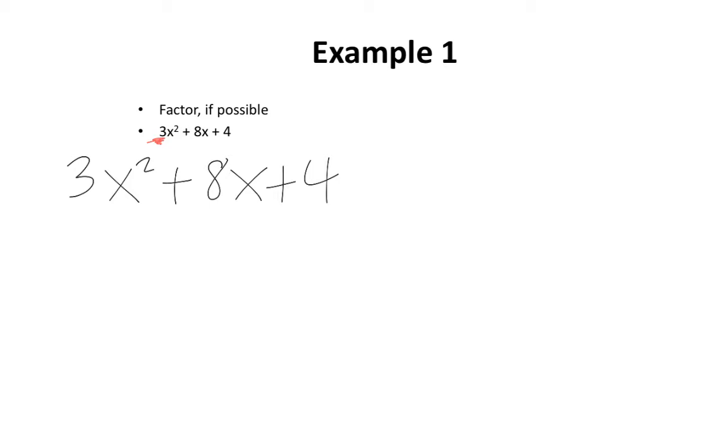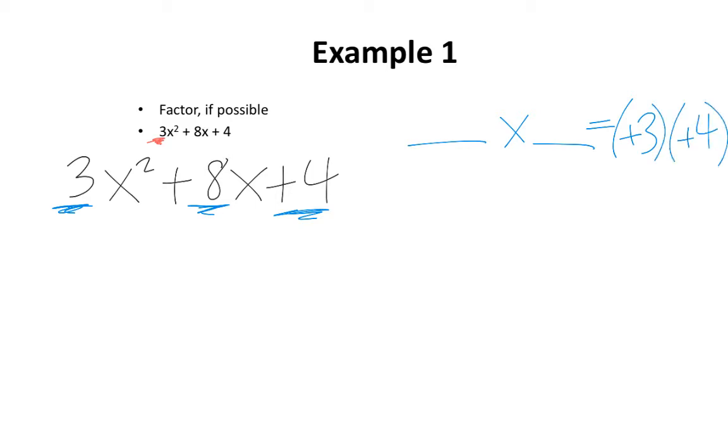I want you to take a close look at the coefficients of 3, 8, and the constant 4. We want to think of two numbers that when multiplied together will give me the product of positive 3 and positive 4. If you go ahead and do the mental math, the product of positive 3 and positive 4 is positive 12.